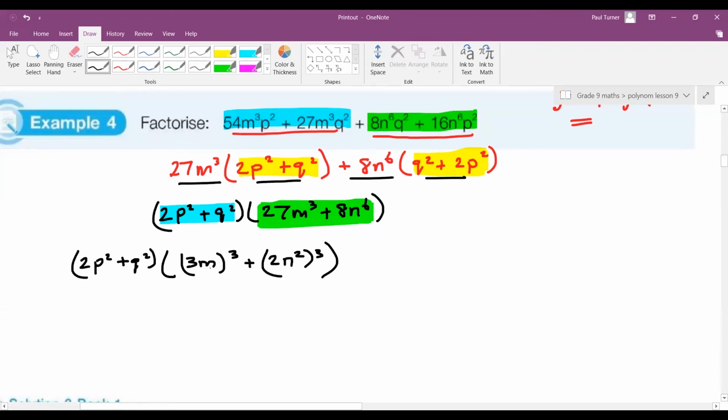So now we have our sum of cubes here, in green rather, this one here. So now we will factorize this. So copy your other factor, 2p squared plus q squared. Now this will become 3m plus 2n squared.